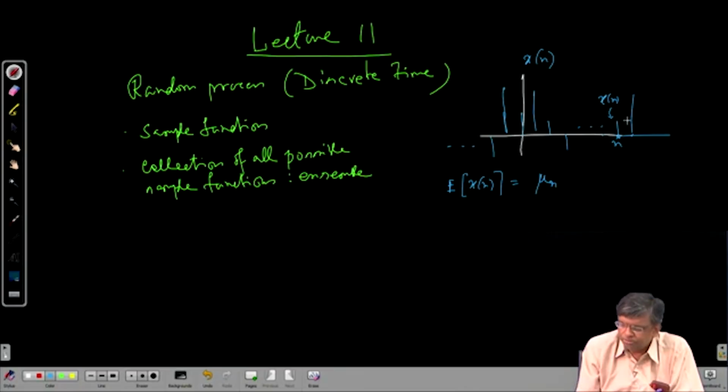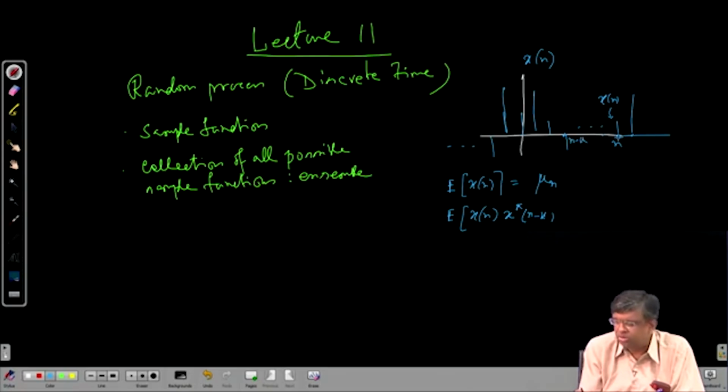And there is another thing, correlation. Suppose x n, and I am talking of the complex case to be more general. In the complex case, if one random variable is x and another is y, then we take x y star as the correlation, right. So, x is x n here, or y may be another sample k points away from the nth point, maybe n minus k.